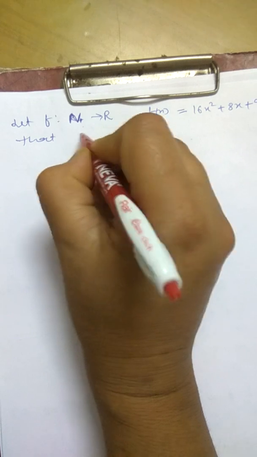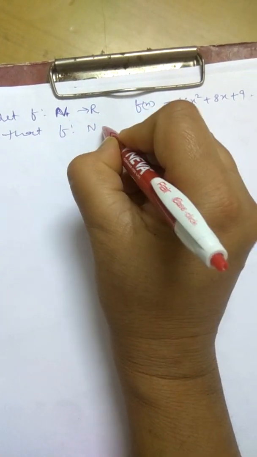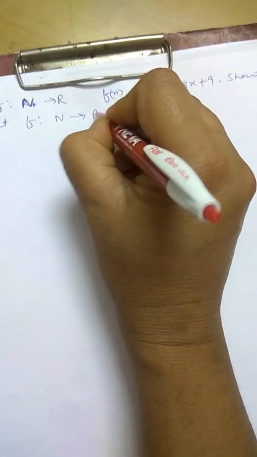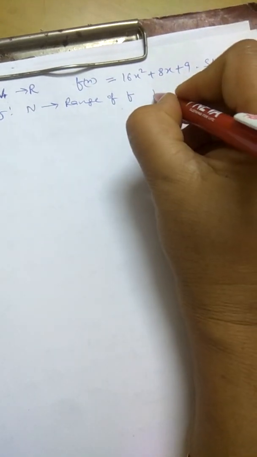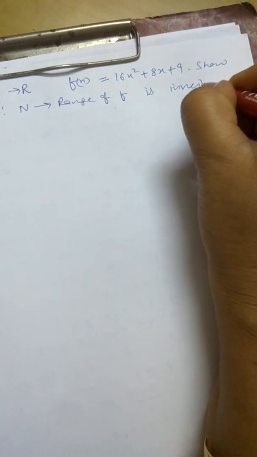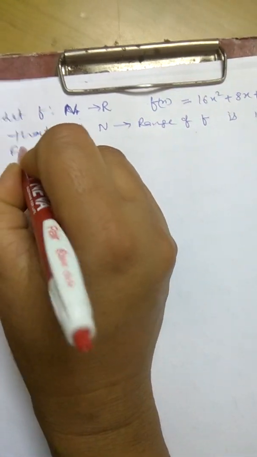Then show that f from N to range of f is invertible and find the inverse of f.